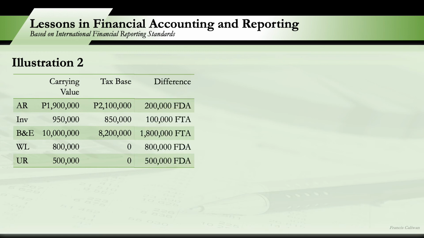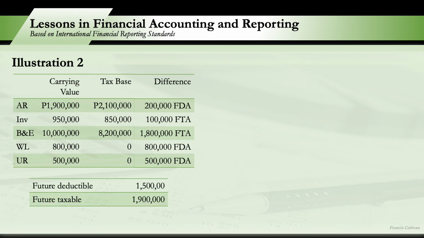So in summary, we have these differences. Total future deductible amount is 1.5 million, while future taxable amount is 1.9 million. Okay? Now, let's compute our taxable profit.